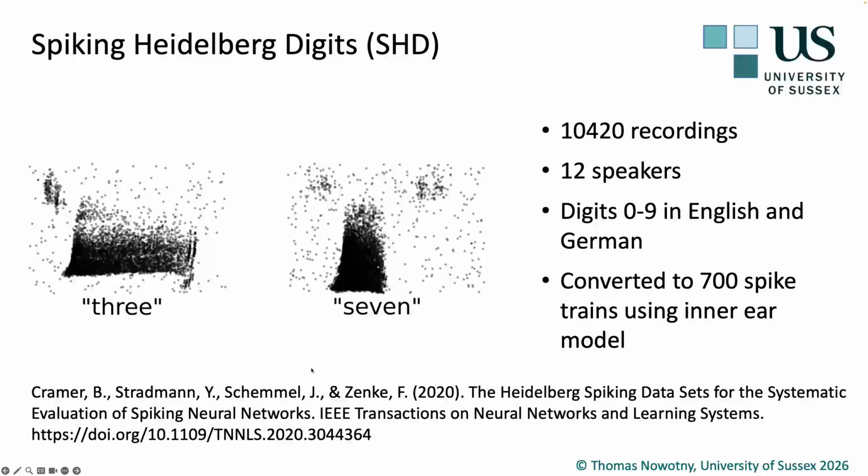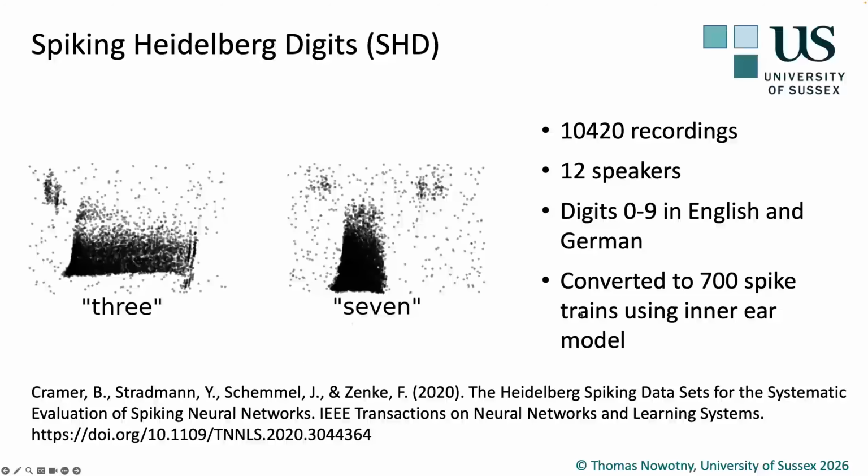So they would also say 0, 1, 2, 3. There are 20 classes of different digits being spoken, and the task is to recognize which one it is. And it's transformed into spiking patterns by an inner ear model, a cochlear model.